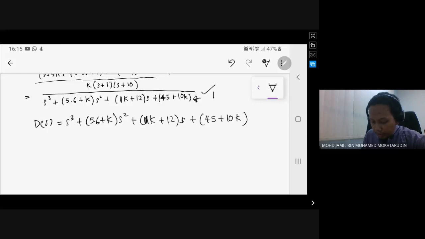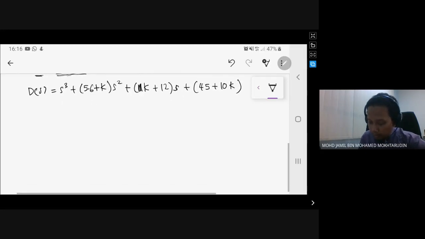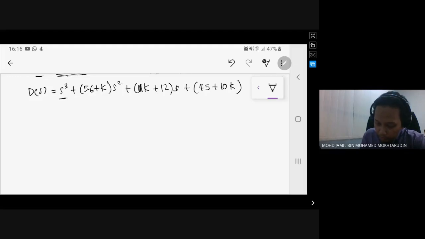After you simplify the block diagram and the transfer function, try to group them into the coefficient for each s: s to the power of 3, s squared, s to the power of 1, and s to the power of 0. Try to group them together before doing the Routh-Hurwitz table. Then you start with s cubed followed by s squared.